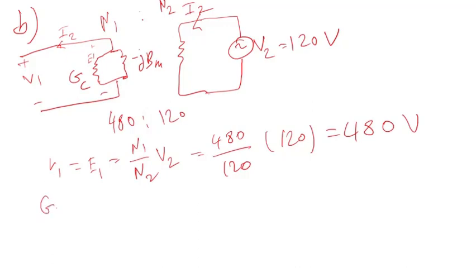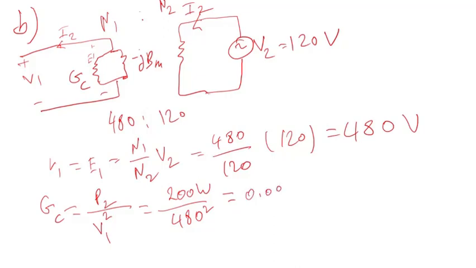So conductance GC is P2, or losses measured during the open circuit test, divided by V1 squared, which is 200 watts divided by 480 volts squared, which is 0.0000868 mhos, or Siemens.